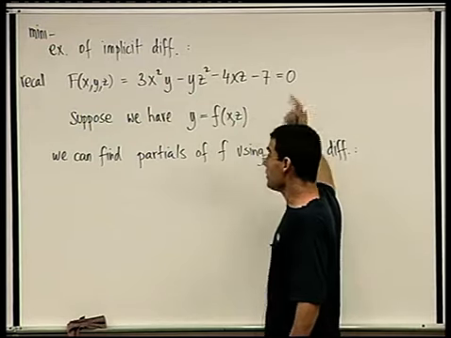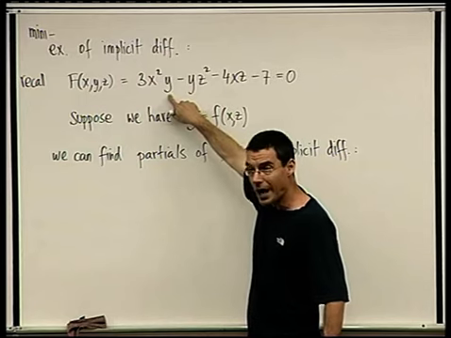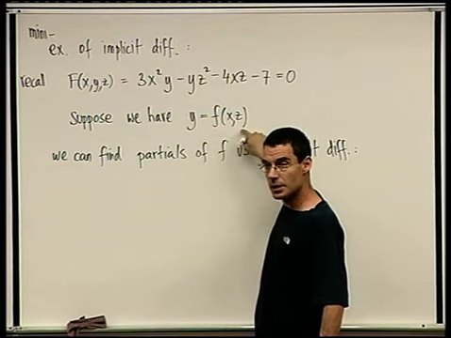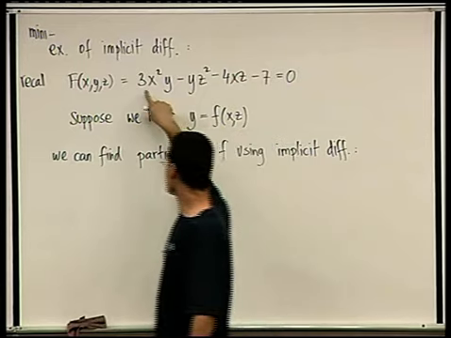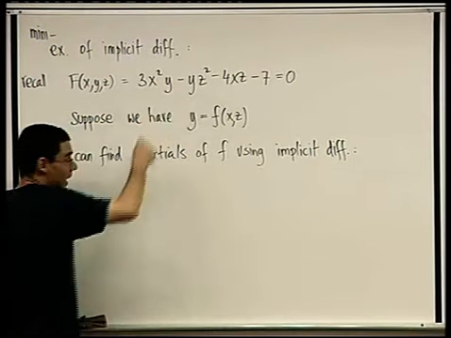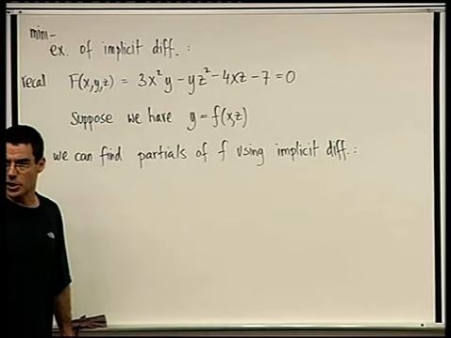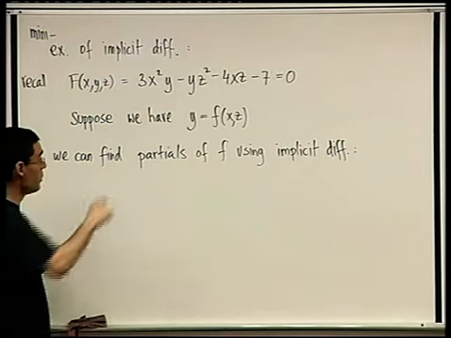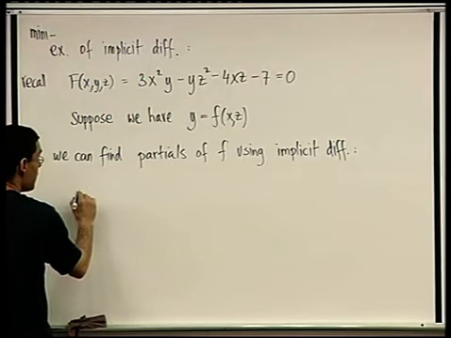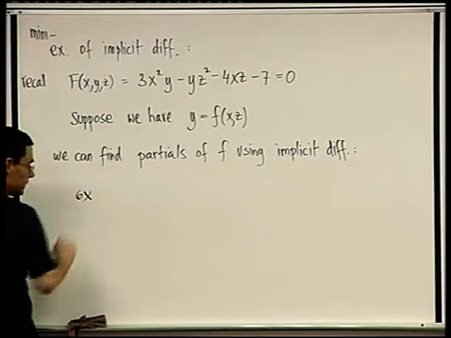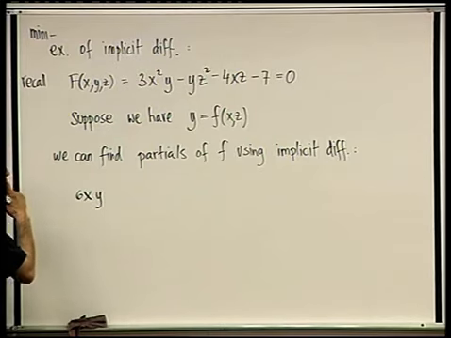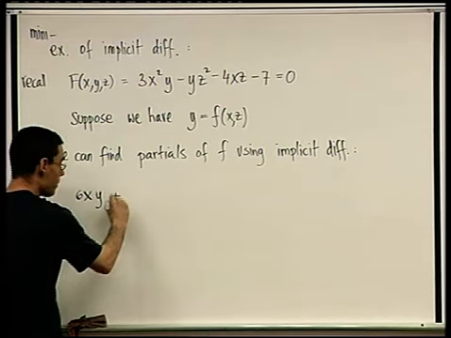Okay? But remember that I'm thinking of y itself as a function of x and z. Okay? So what's going to be the derivative of 3x squared y, where y itself is a function of x and z? So the derivative with respect to x just of this term is going to be 6x times y plus, it's a product.